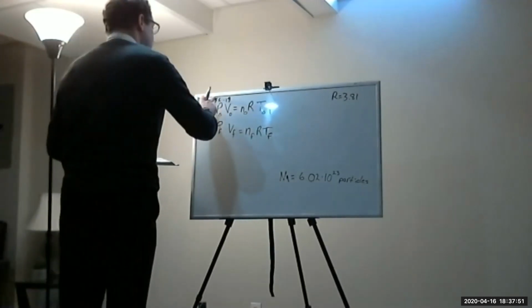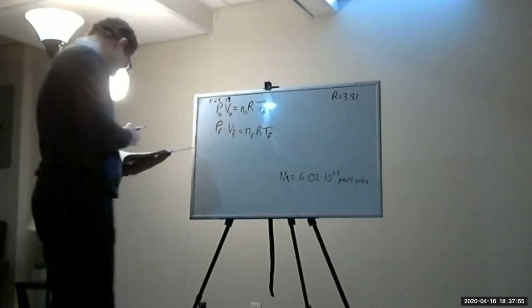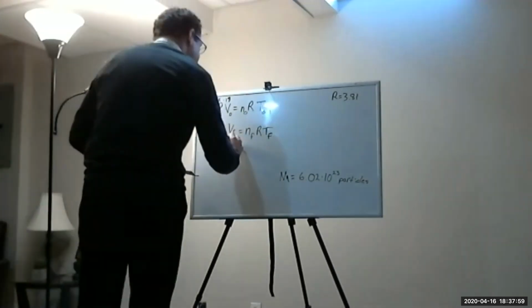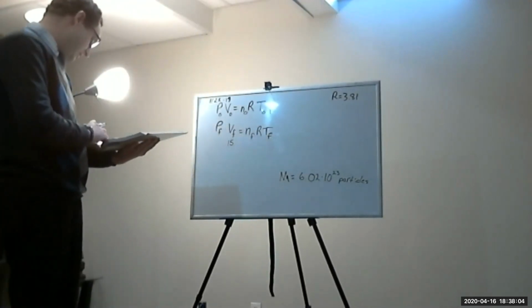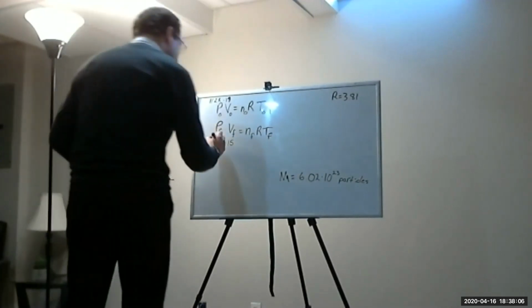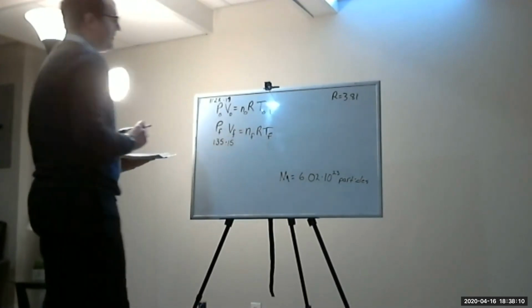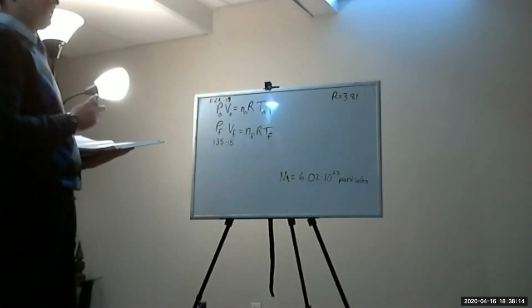It's 112. V at the end is 15 cubic meters. P at the end is 135. Uh-oh, that means that we didn't actually keep the energy the same, but there is something that did stay the same.